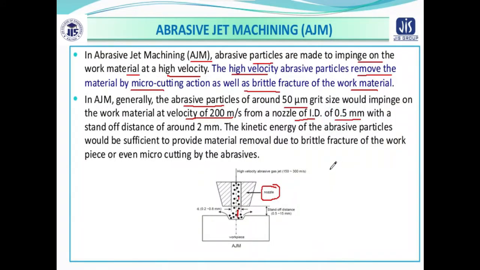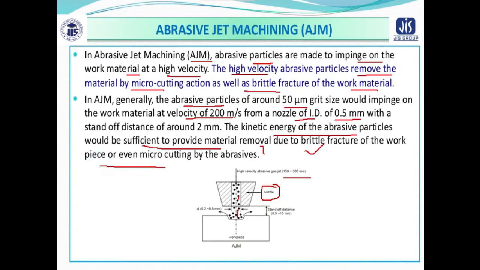Basically the high velocity abrasive jet varies between 150 to 300 meters per second. The kinetic energy of the abrasive particles is sufficient to provide material removal due to brittle fracture of the workpiece or even micro cutting by the abrasive particles.